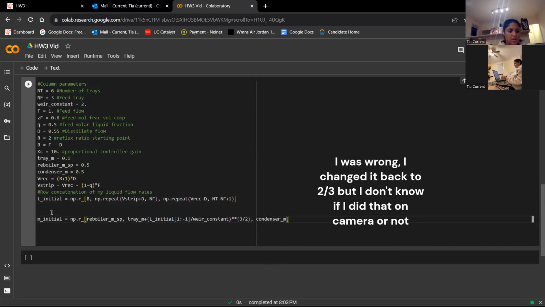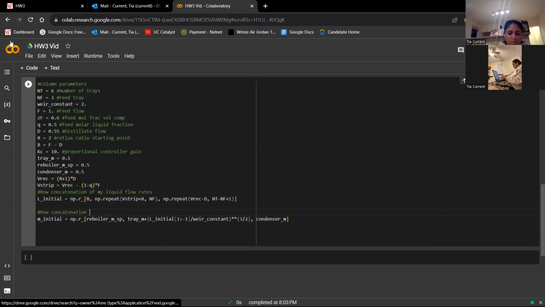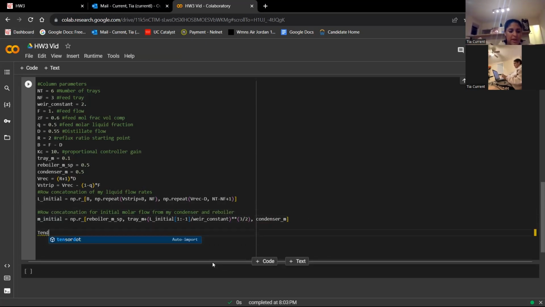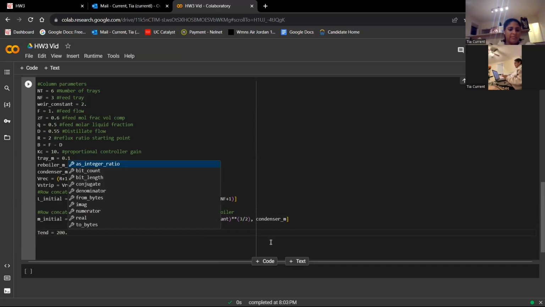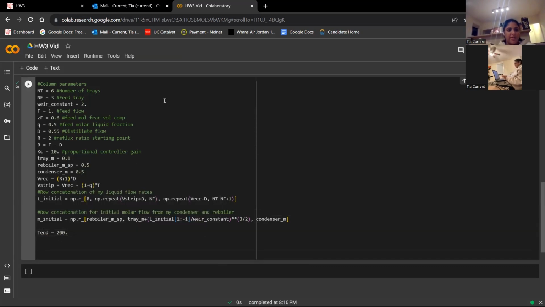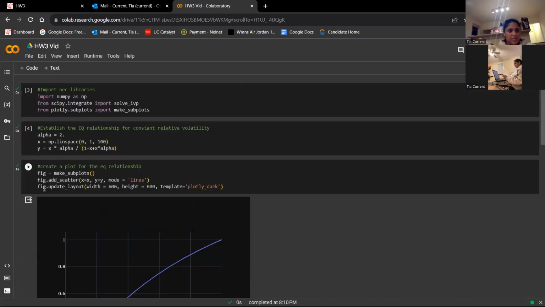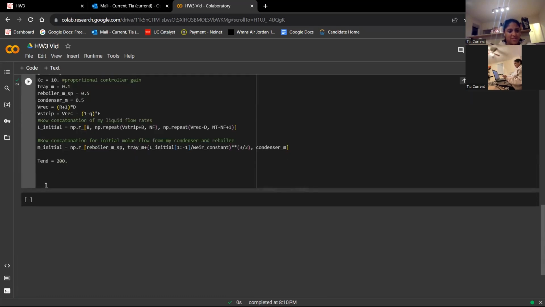And this is going to be from my condenser and reboiler. The end is equal to 200, and that's my runtime according to the homework, 200 seconds. Okay, and everything is run. Everything works.